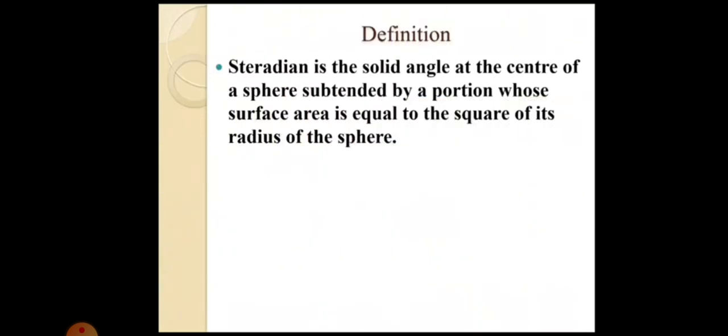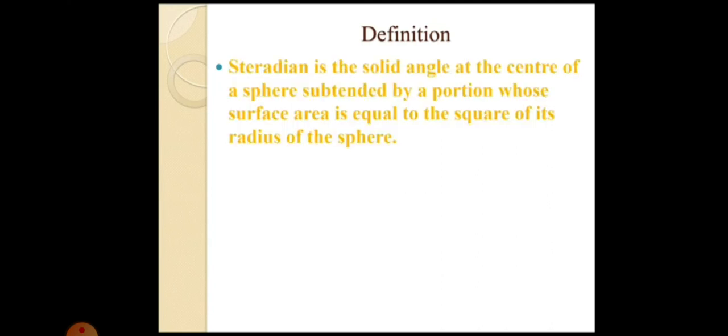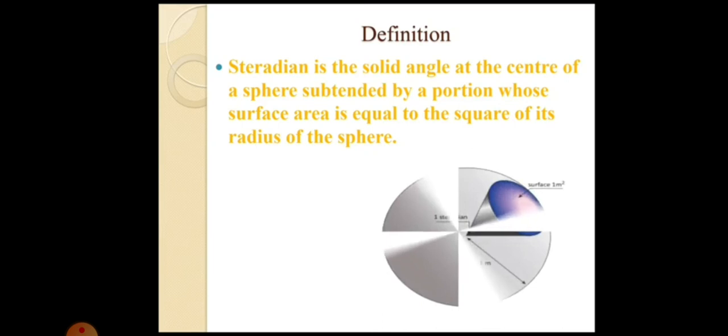Now we are going to see the definition of steradian. Steradian is the solid angle at the center of a sphere subtended by a portion whose surface area is equal to the square of the radius of the sphere. Look at the picture over here.